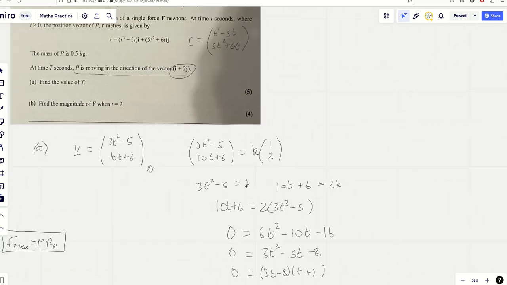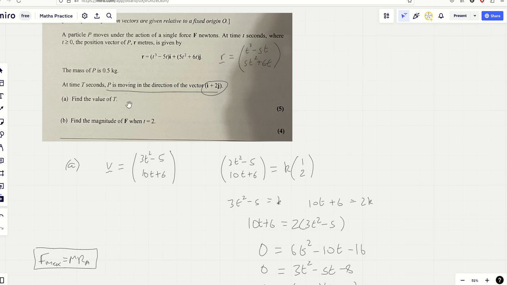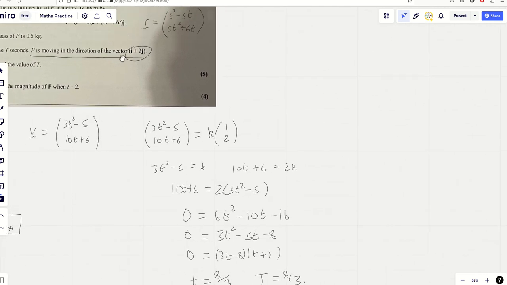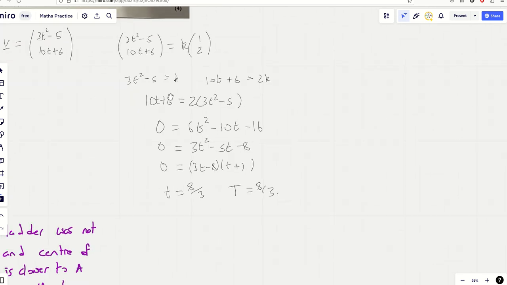Now you can always check these kinds of things and say, well, when I plug in my value of t, do I genuinely get a velocity vector moving in a direction of 1, 2, yeah?